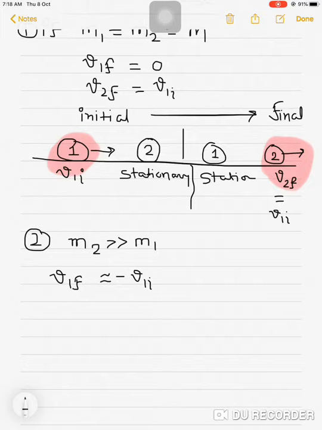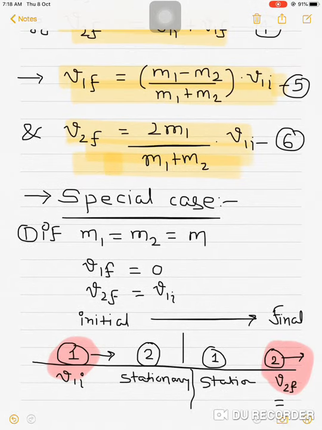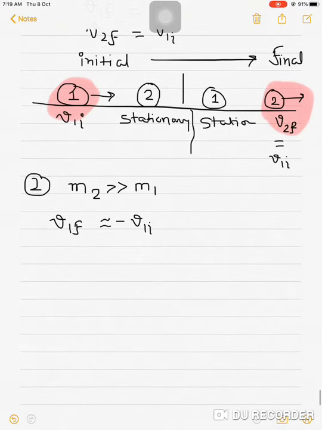That is obviously visible from equation number 5: if m2 dominates, then m1 can be neglected, and in that case the result will be negative. Similarly for velocity 2, if m2 is major, it is in the denominator and therefore the term remains very small in equation number 6. So from equation number 6 we can say that v2f becomes almost 0.